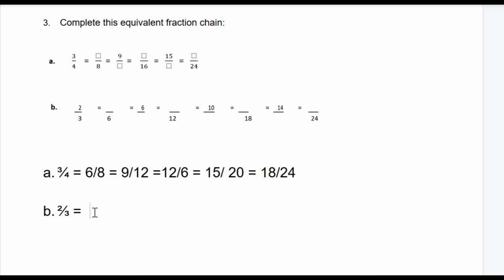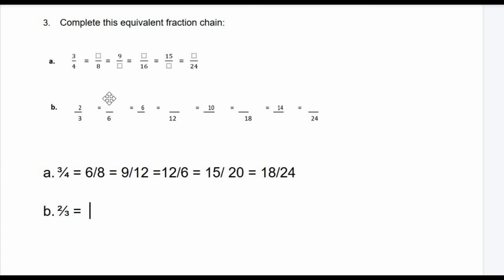Now let's move on to B. We have 2 out of 3 here. Our first fraction in the sequence is a fraction whose denominator is 6. So what number do we multiply with 3 that we get 6? 2. 2 times 3 is 6, and 2 times 2 is 4.